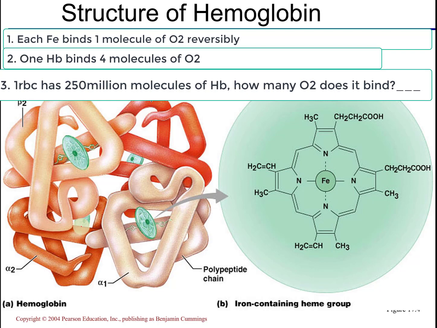We know that 1 iron binds 1 molecule of oxygen. 1 hemoglobin binds 4 molecules of oxygen. So how many molecules of oxygen does 1 red blood cell bind, which has 250 million molecules of hemoglobin?